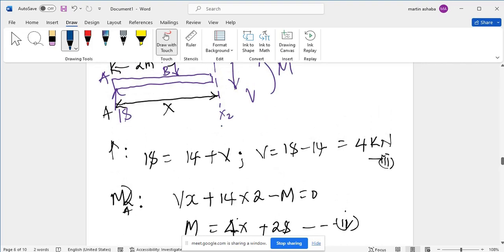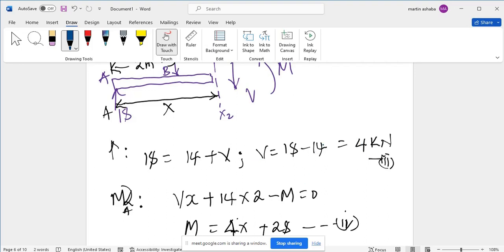From B to C, you see the shear force is 4. So even without coming to check here, you can use those forces externally on the beam and tell that actually the shear force at that point is 4.